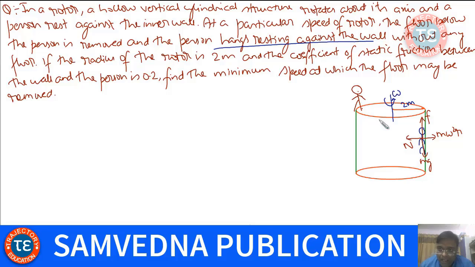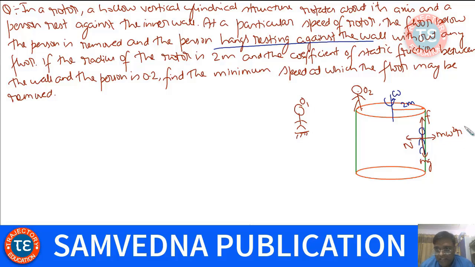So this person is in vertical equilibrium, and also in radial equilibrium, because this observer O2 is going to see this man to be at rest. If I take an observer outside, then he is going to see this man moving in a circular motion. But if I take an observer attached to the rotor itself, then he inherits all the motion of the rotor, and he will see this person to be at rest, in radial equilibrium, right?